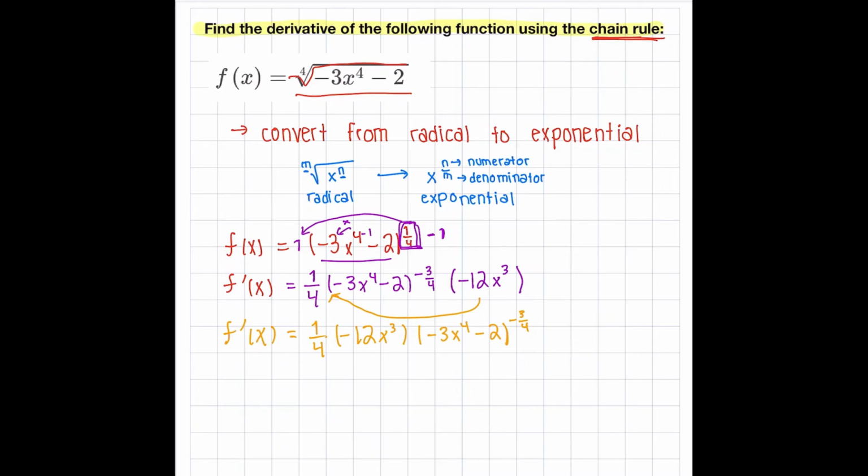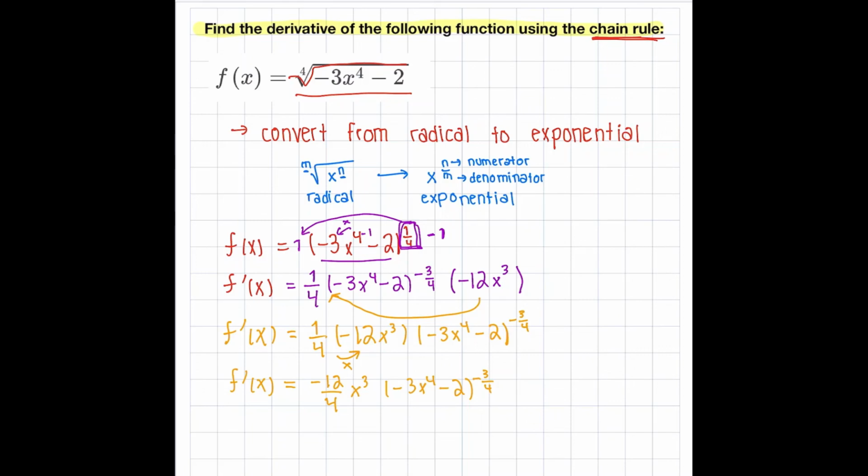So what you can do here now is just simply multiply 1 over 4 times this term here. So f prime of x equals negative 12 over 4 x cubed, all of this into negative 3x to the power of 4 minus 2, to the power of negative 3 over 4.